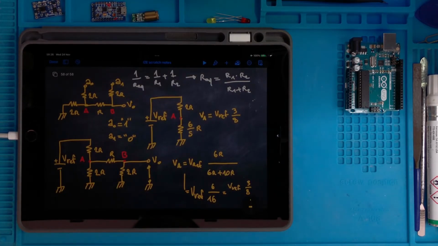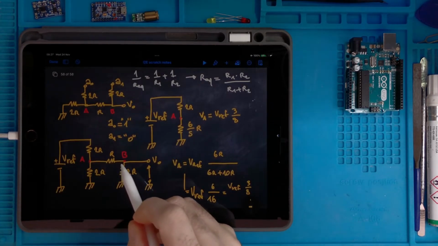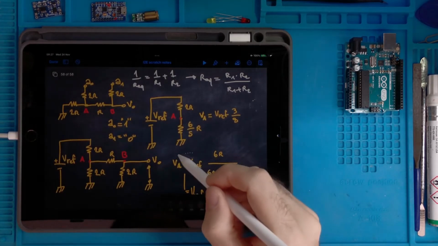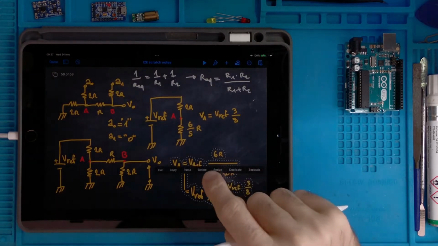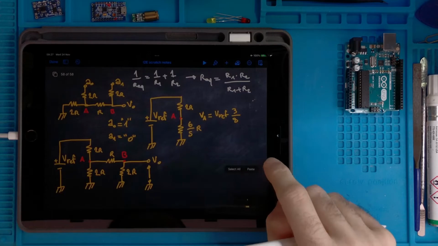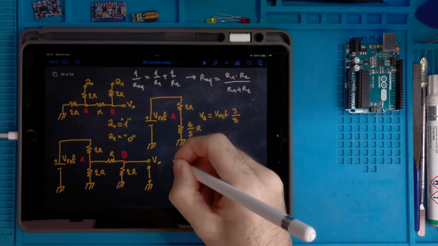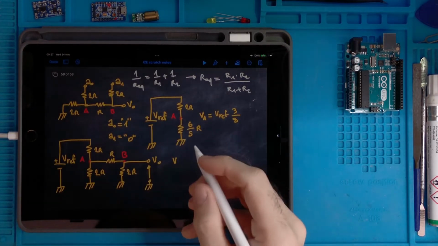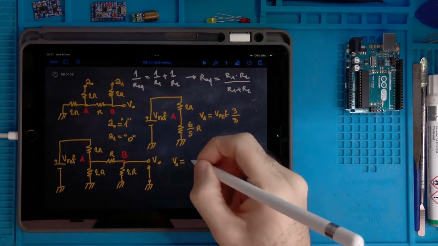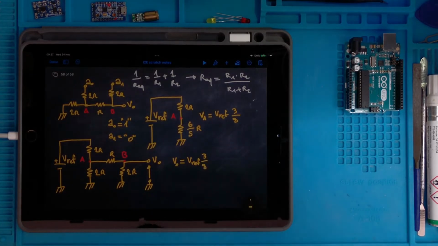Okay. Now we have to calculate the result of this voltage divider. So let's do it. Now we have the voltage VB, which is actually V output, equals VA, which is V ref multiplied by 3/8.